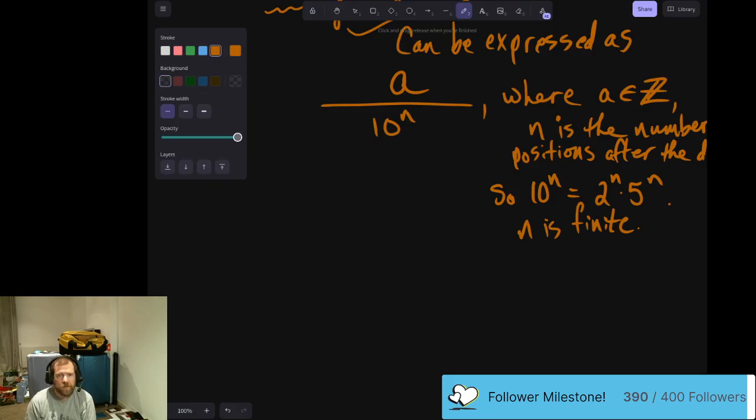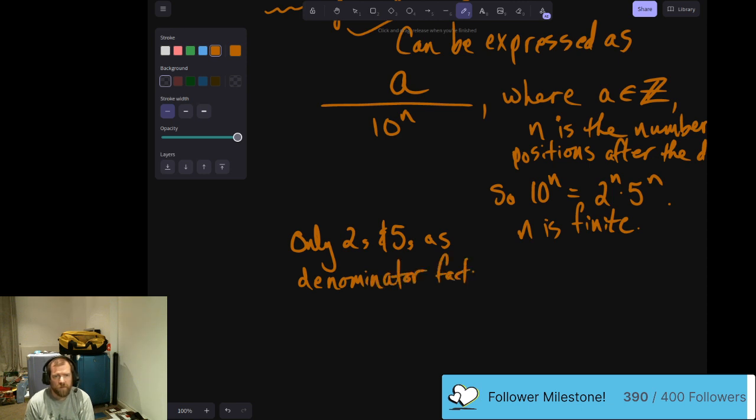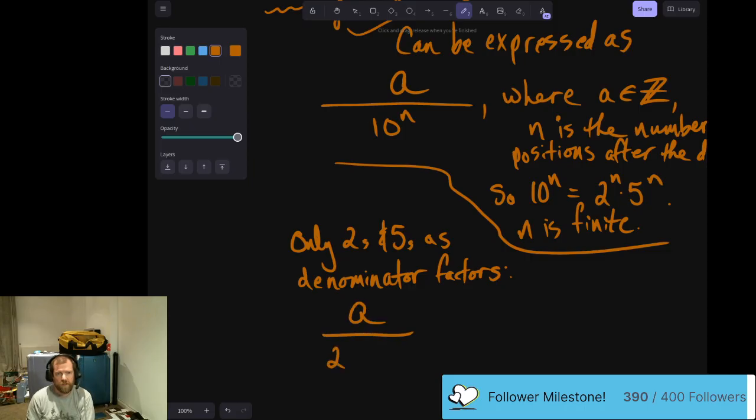All right, so if it starts with only 2's and 5's as denominator factors, then we've got some a divided by 2 to the m times 5 to the n.